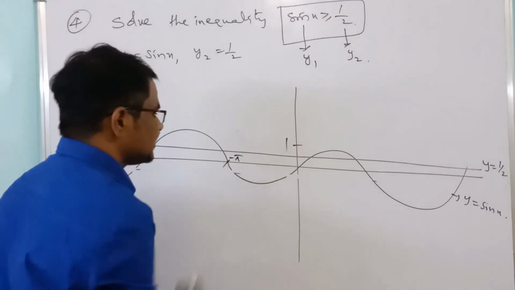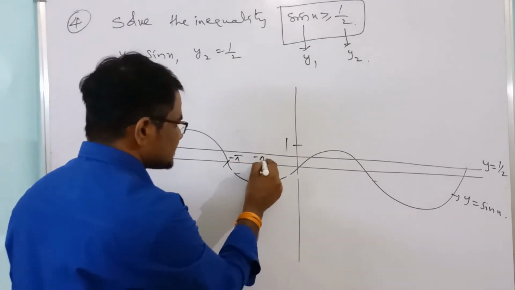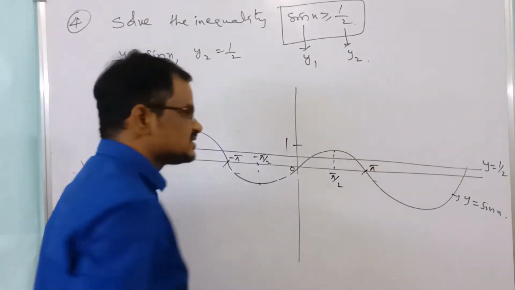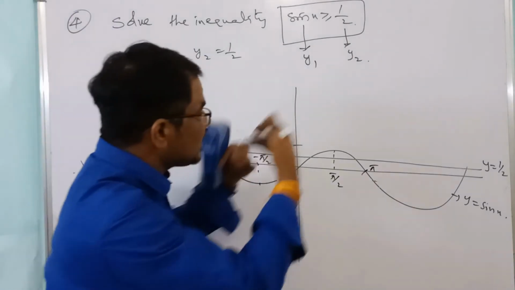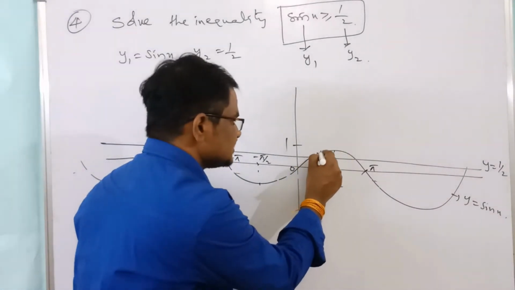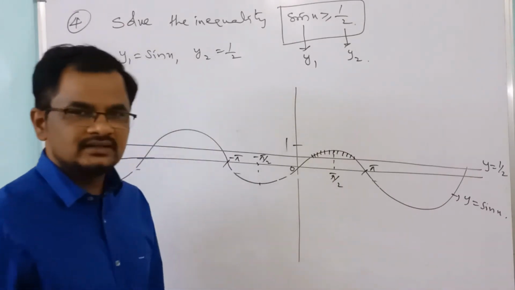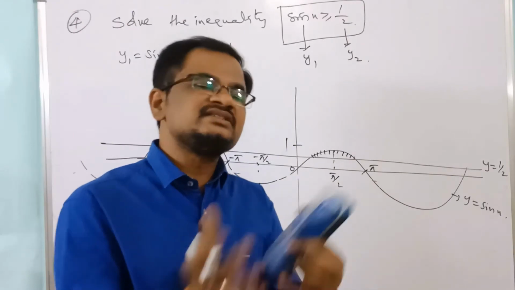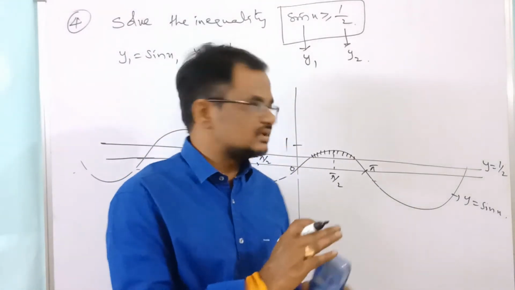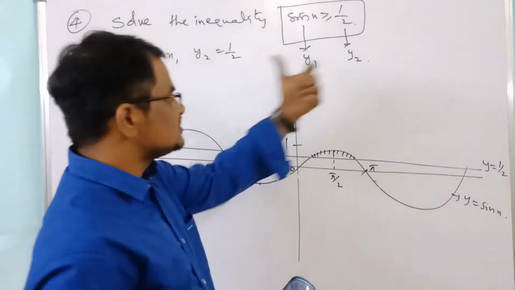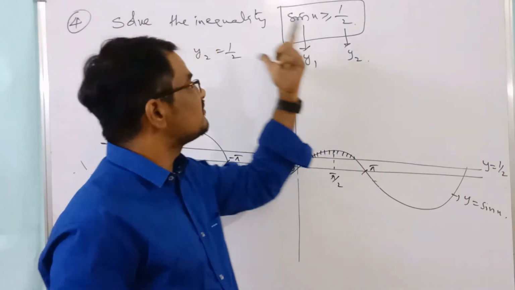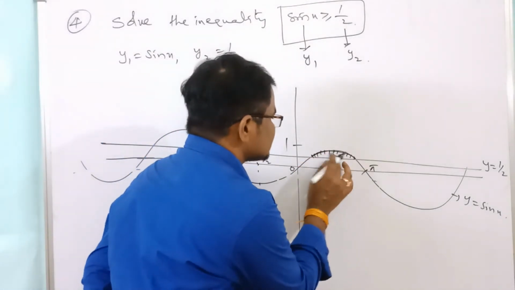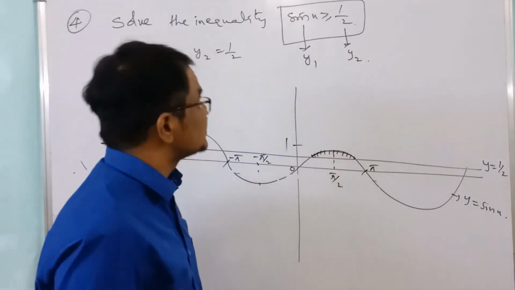Now, taking some points: minus pi, minus pi by 2, 0, pi by 2, pi. Greater than or equal to 1 by 2 means this one, right? So one interval we are taking, and by that we generalize this interval with the help of the given function's period.